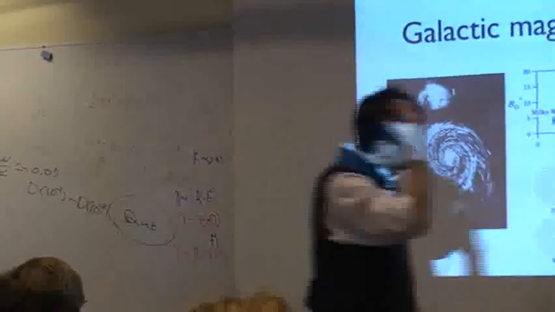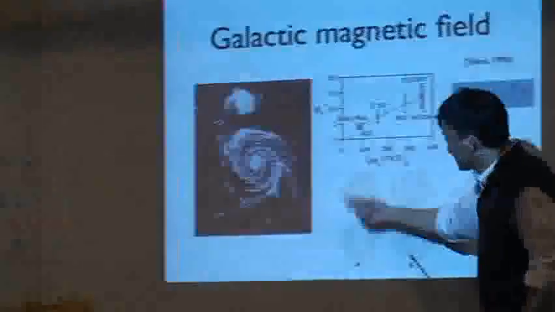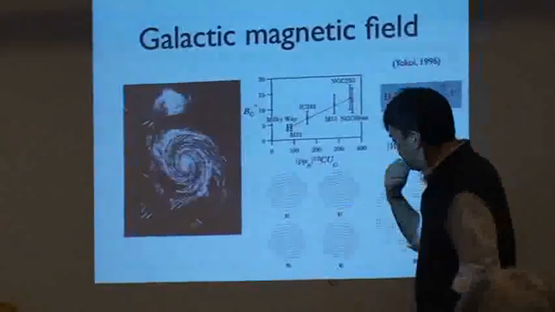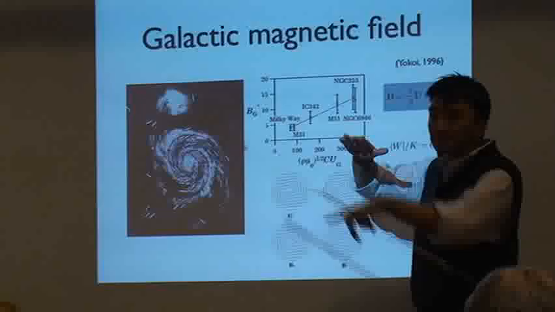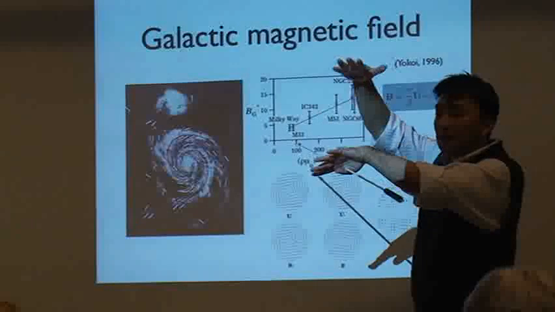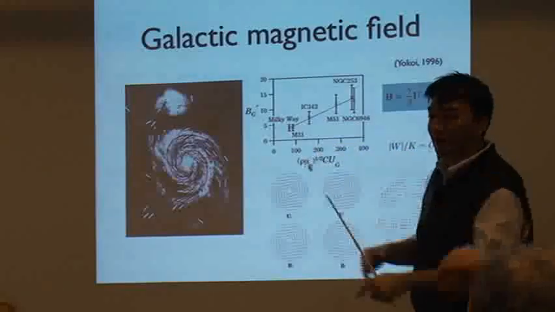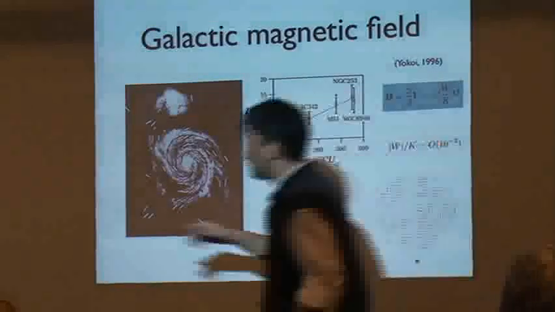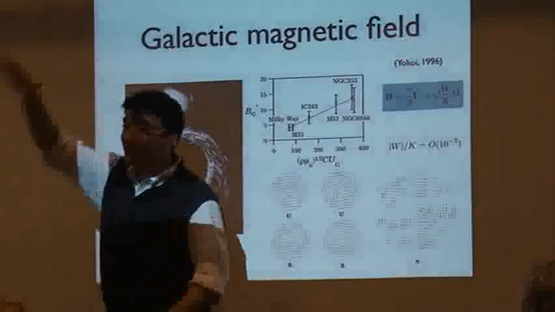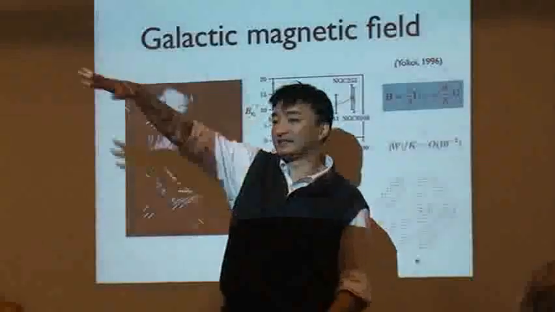In this paper I also consider some asymmetry between the upper and lower galaxies. It is known that there is some corrugation of density in the galaxy.